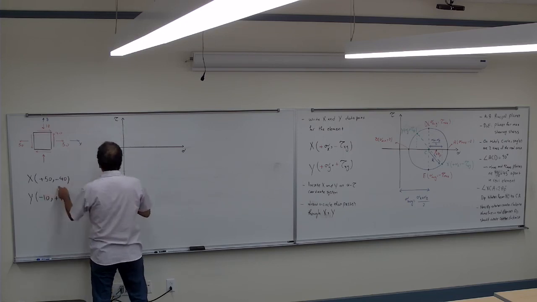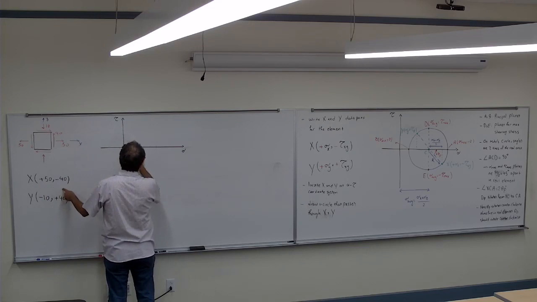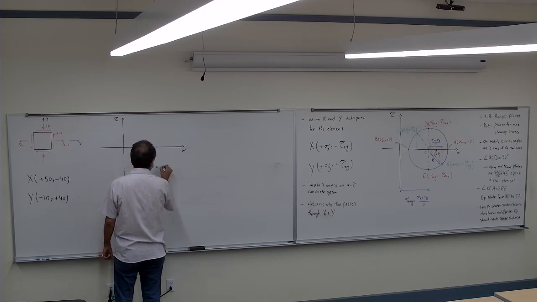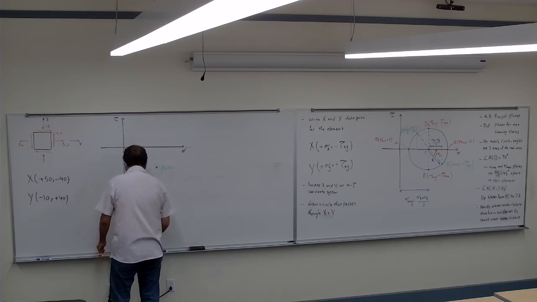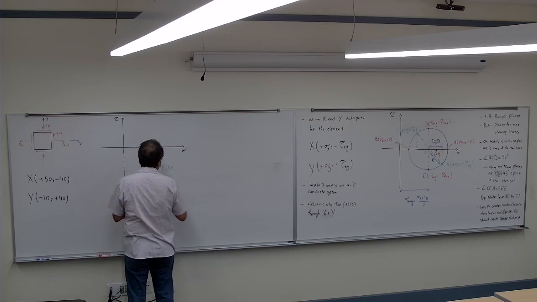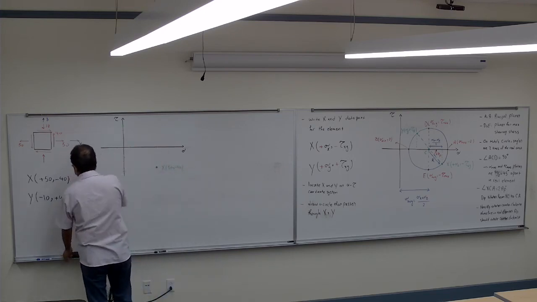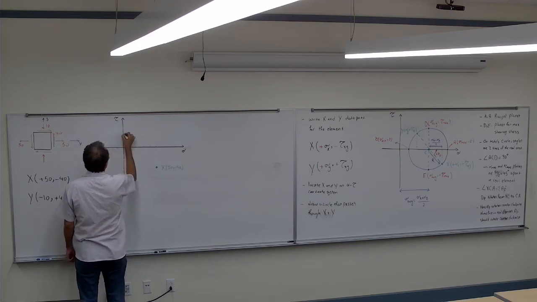So 50 and negative 40: 10, 20, 30, 40, 50, and negative 40, so it's going to come out somewhere here. So that's the x. 50 and negative 40. And the y is negative 10 and 40, so negative 10 and 40 is going to be here.